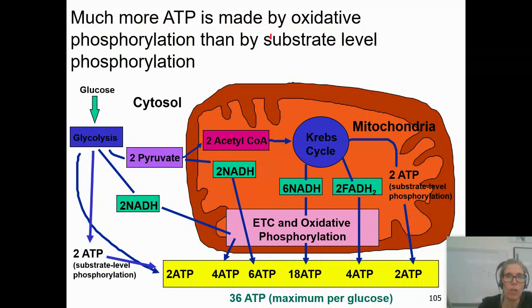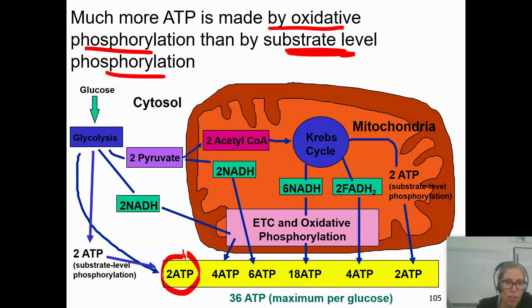All right, so you get much more ATP made by oxidative phosphorylation than substrate level phosphorylation. Substrate level phosphorylation is just when you have a phosphate and you have an enzyme that pulls it off and puts it onto ADP. So in glycolysis, you make 2 ATP net, and in Krebs, you make 2. Those red circles are from substrate level phosphorylation.